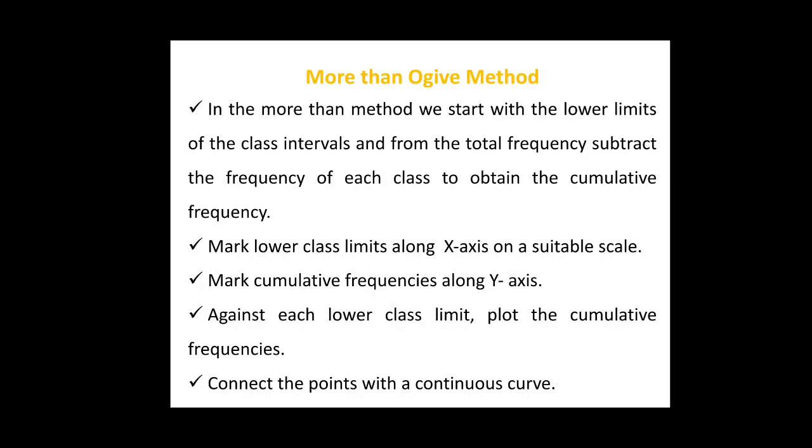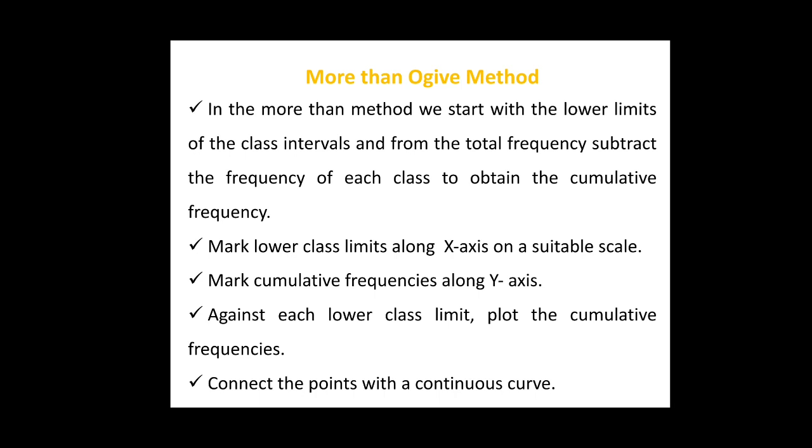Now coming to the more than ogive method, here you will learn how to construct a more than or greater than ogive or greater than cumulative frequency curve. Dear students, the steps for constructing the more than ogive are given here in this slide.